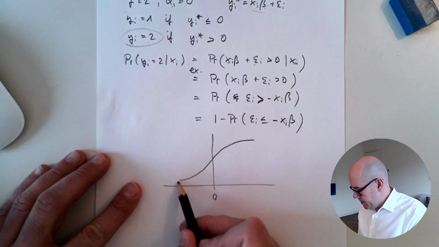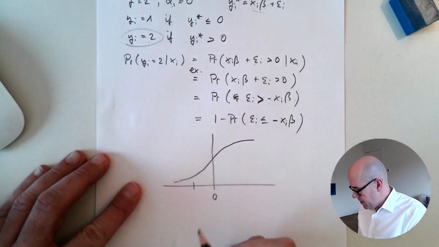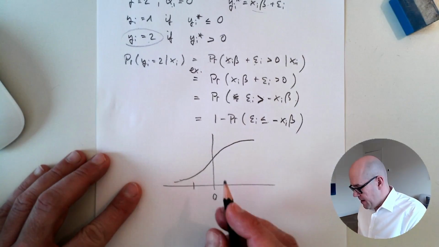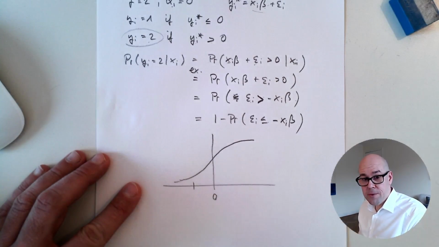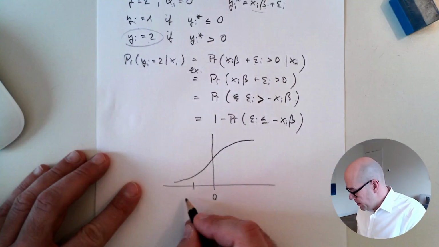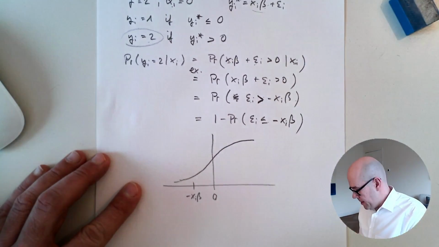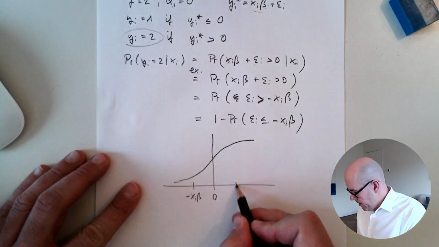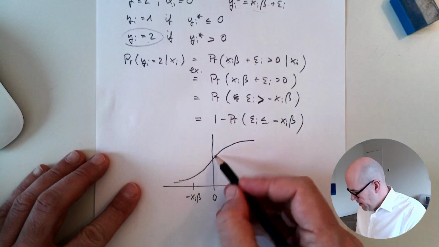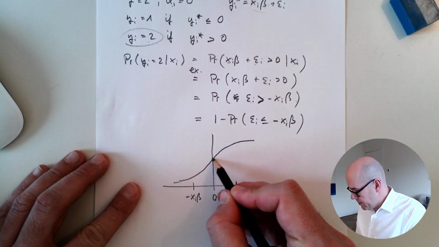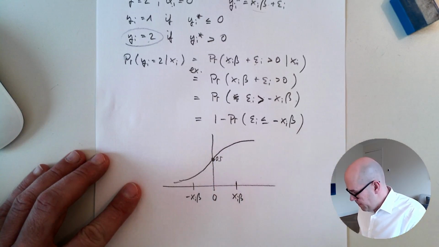Okay, and let's say this is the CDF of epsilon. Let's think of xi beta as positive. The argument holds more generally, but it's easier to write it down like this. So minus xi beta will be here, and of course xi beta will be here. Now the CDF is point symmetric, so here I'm going to have 0, and this is going to be 0.5.